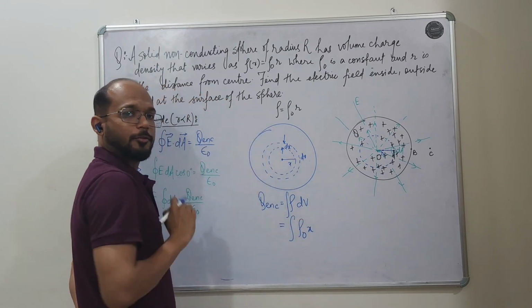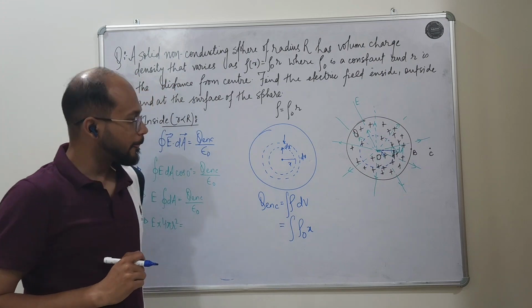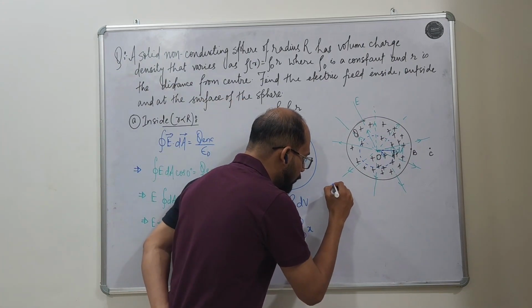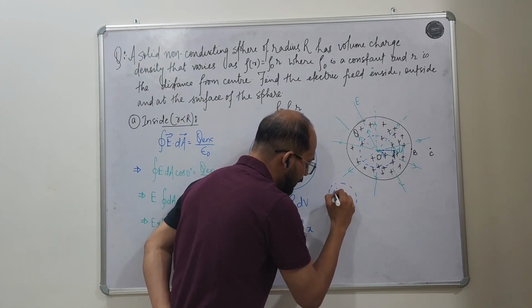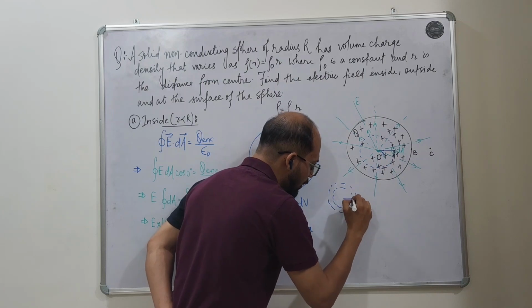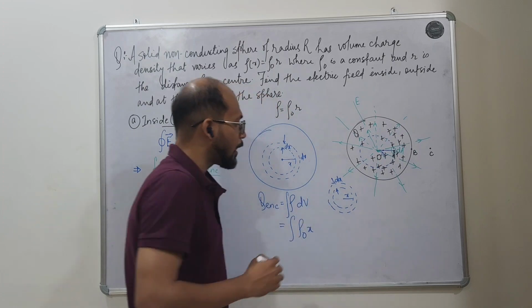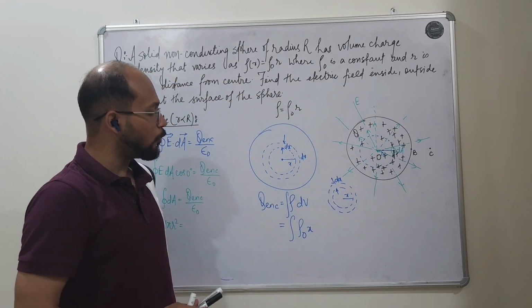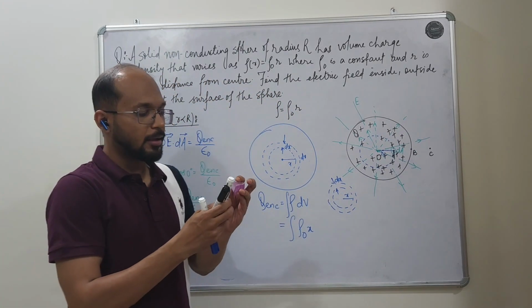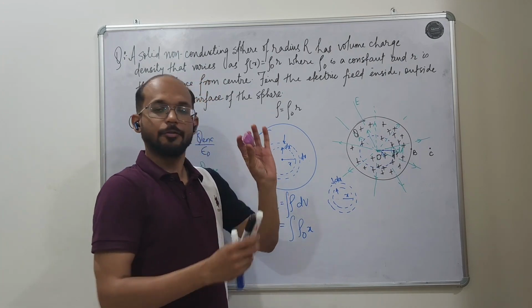What will be the volume of this elemental cell? If we take out this cell like this, its radius is x and thickness is dx. Now, taking the example of the onion, suppose this is a spherical cell.